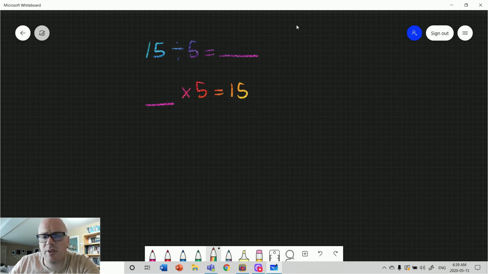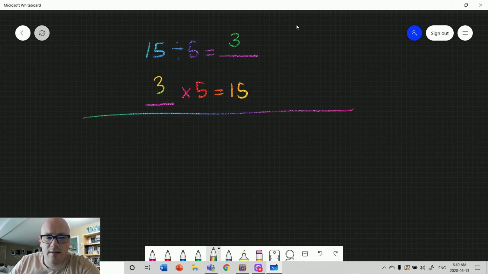Well, I could just do some skip counting. 5, 10, 15. 3 times 5. 3 times 5 is equal to 15. Therefore, I know 15 divided by 5 has to equal 3.